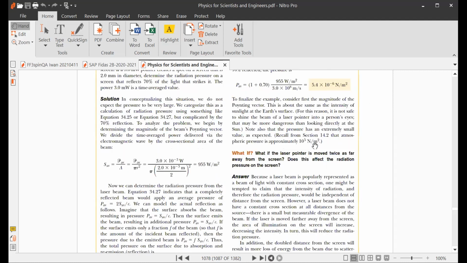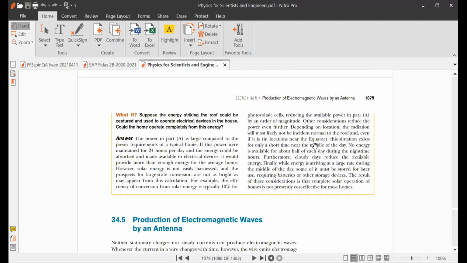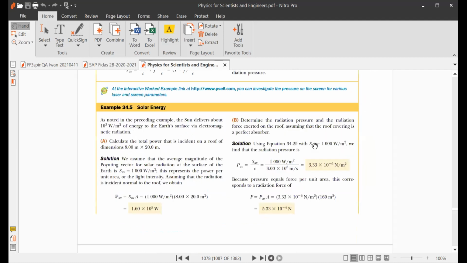Do we have to discuss it again? Okay, let's see, this one. I think this one is a good question. As noted in the preceding example, the sun delivers about 1,000 watt per meter squared of energy to the Earth's surface via electromagnetic radiation.